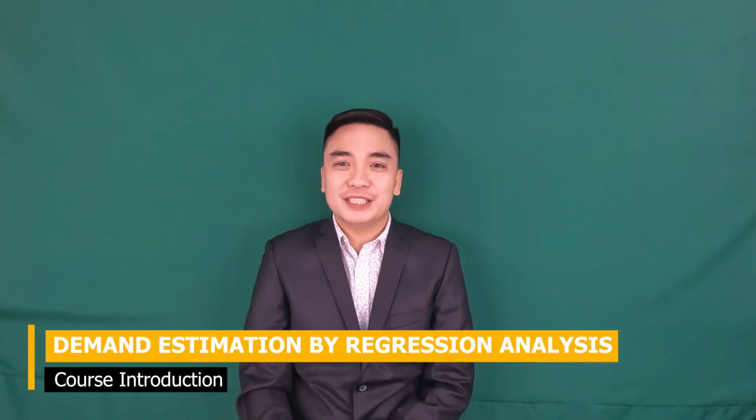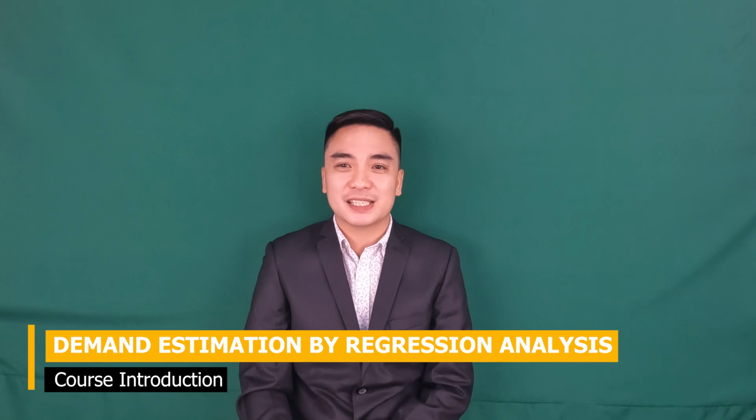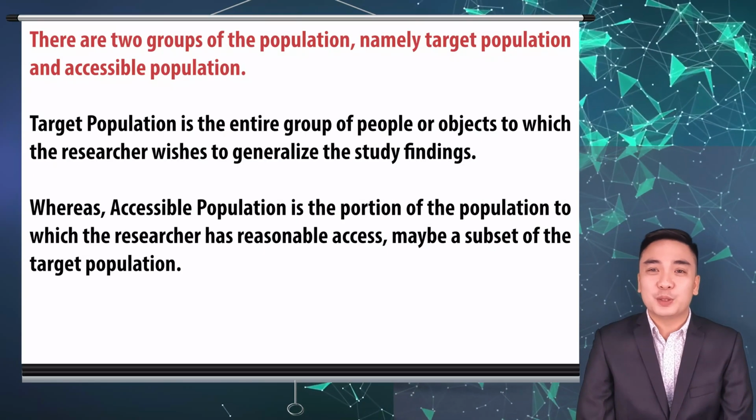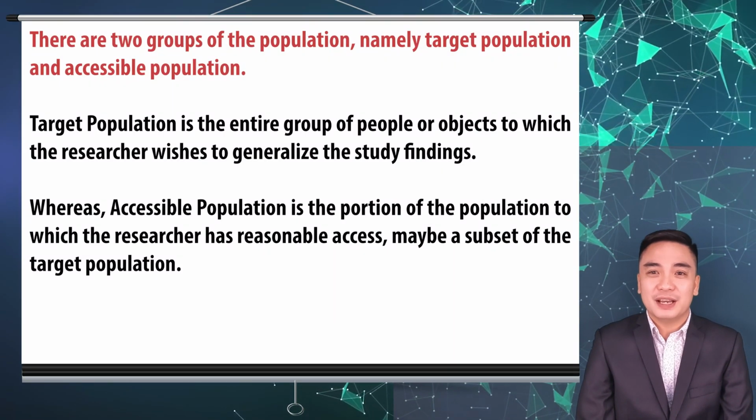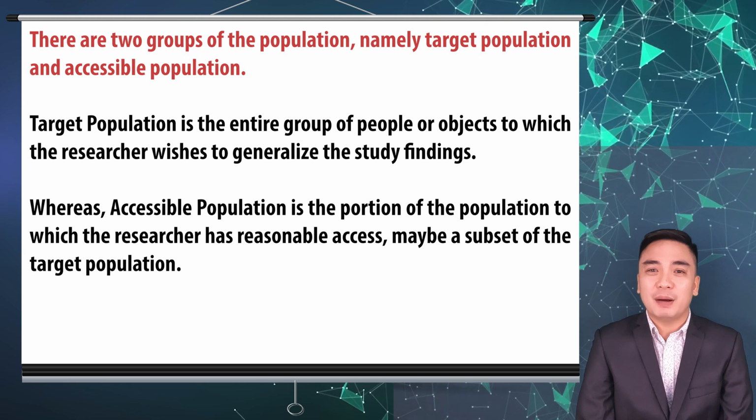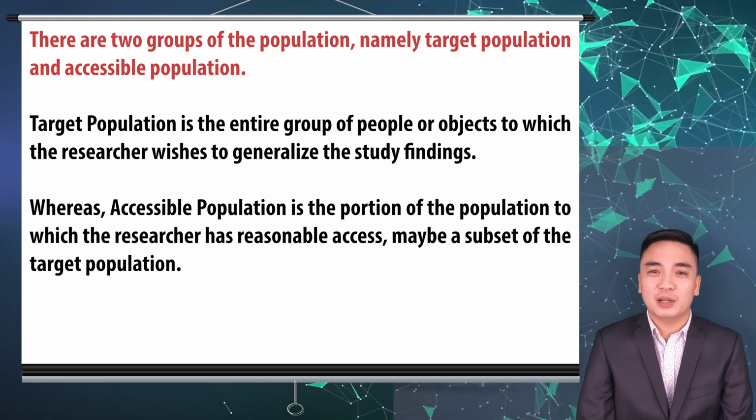The population is a complete set of elements, such as persons or objects, that possess some common characteristics defined by the researcher's sampling criteria. There are two groups of population, namely, target population and accessible population.